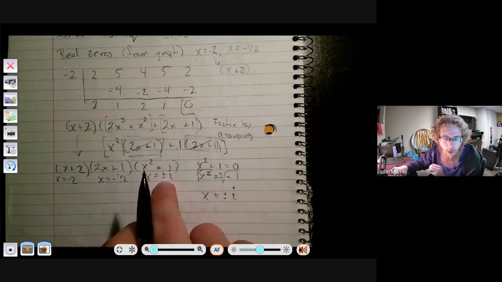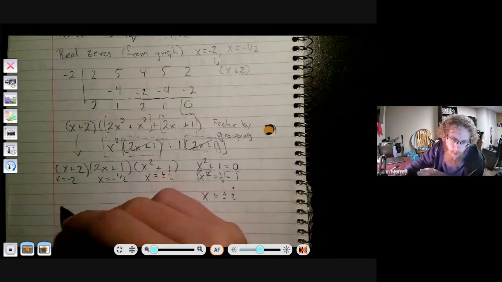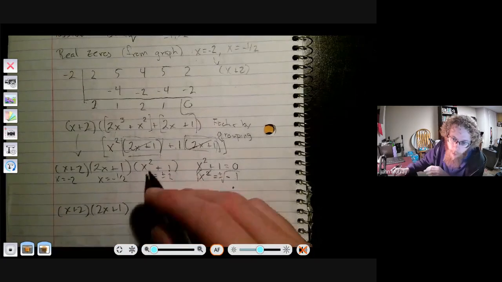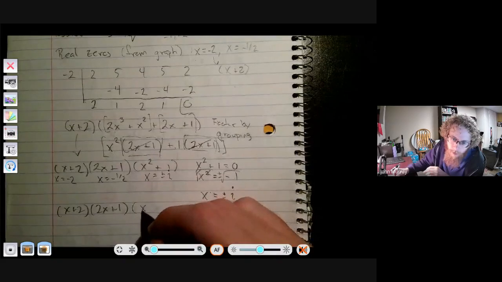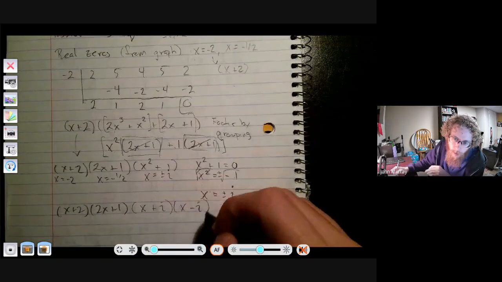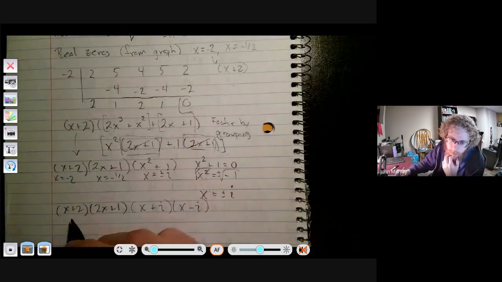So just in case they want the full factors, these would stay the same. This one, you would just have x plus i and x minus i.